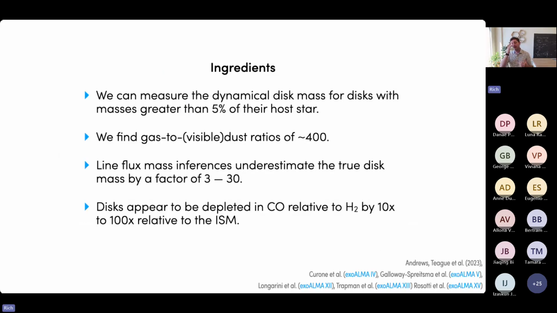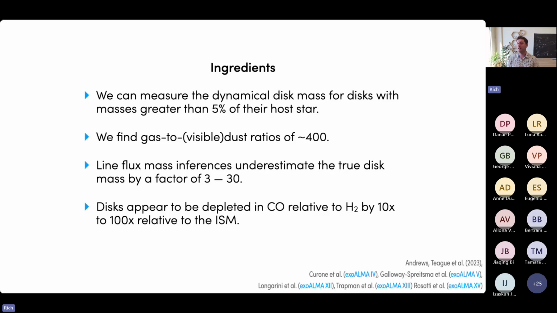So in terms of the ingredients, I think we're in a really exciting position because we've shown that for the most massive disks, those that have disk masses greater than around 5% of the host star, which is around 5% of the sources that we can observe, we're able to measure masses pretty robustly. Using those as a comparison, we see that within our exoALMA sample, we would infer gas to dust ratios of around 400.